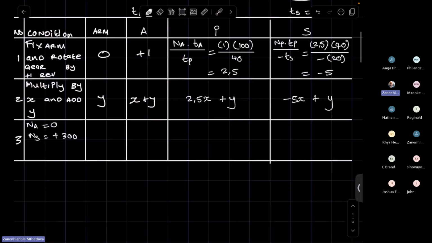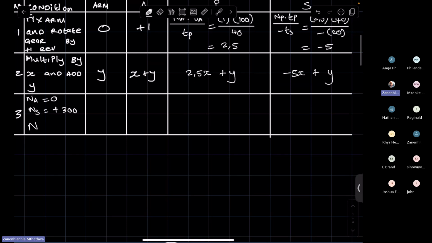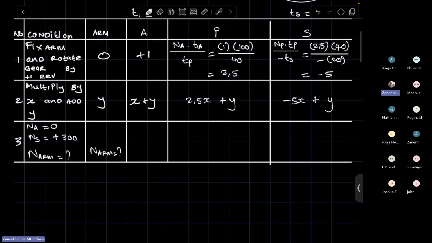If you get the rotational frequency of the arm, you inadvertently get that of the output shaft. So that's what we are looking for.